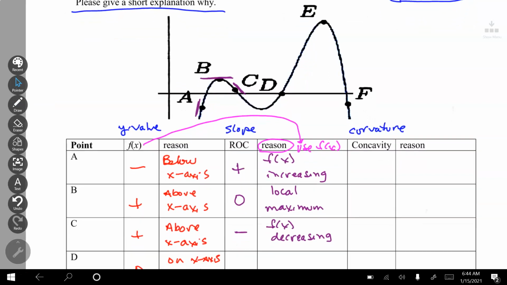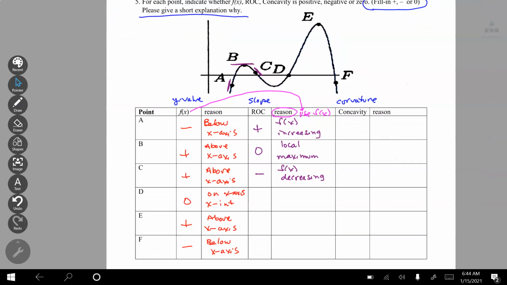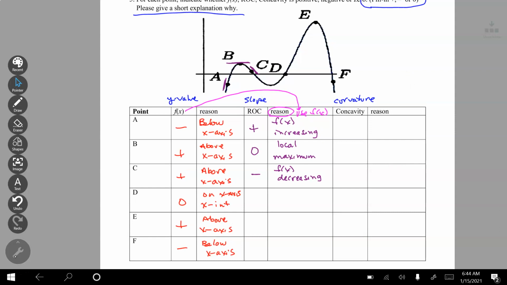Now for me to continue this, I'm going to shrink it up a little bit. At D, I have a positive slope because my function is increasing. At E, I have one of those zero slopes again, because I have another local maximum.